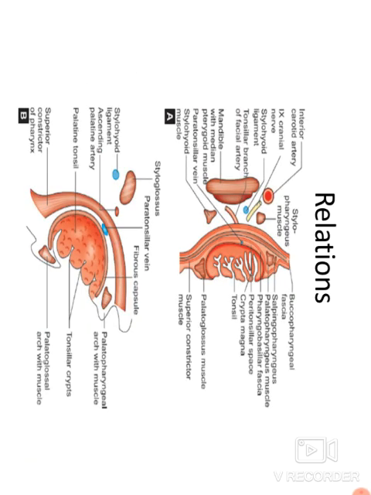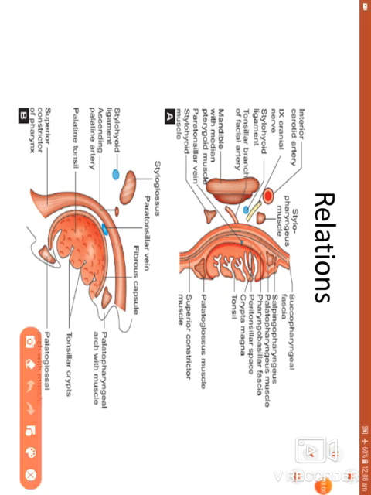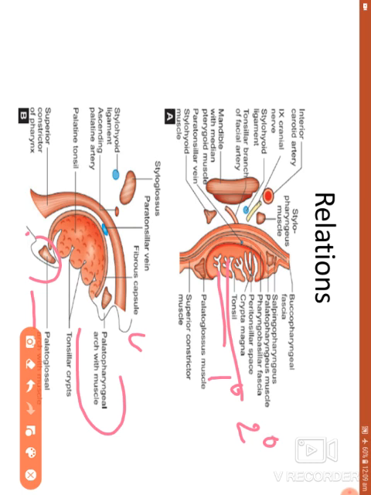Then in this figure you can also see the relations of this tonsil. This is the upper pole. It relates to the palatopharyngeal arch with muscle. The lower pole relates to the palatoglossal muscle. The medial surface shows some crypts. Those are called the primary crypts. A primary crypt shows some small divisions, invaginations, that form the secondary crypts. In the upper aspect, one crypt is deeper.